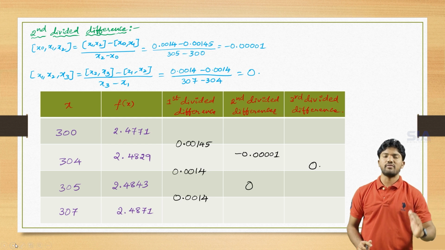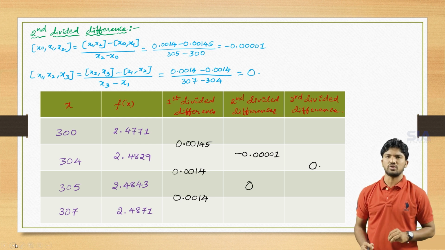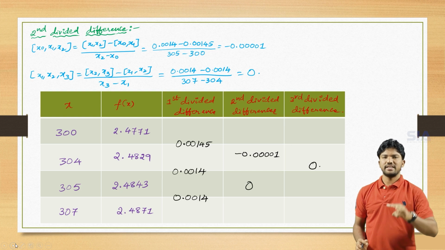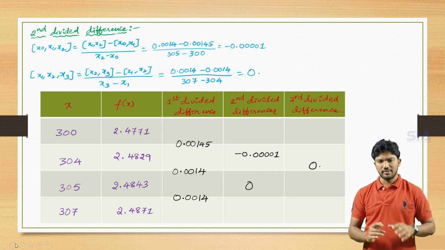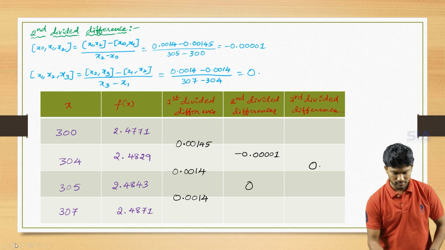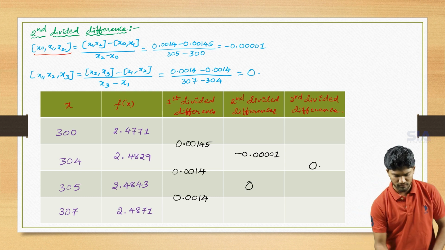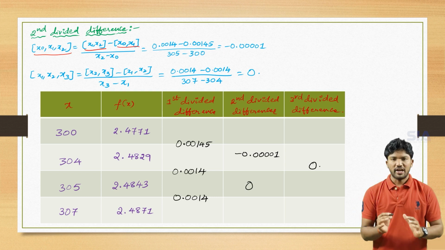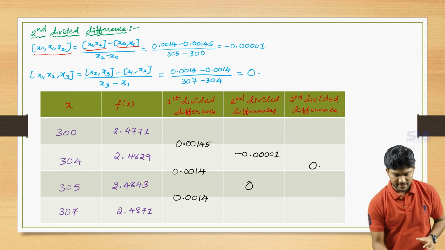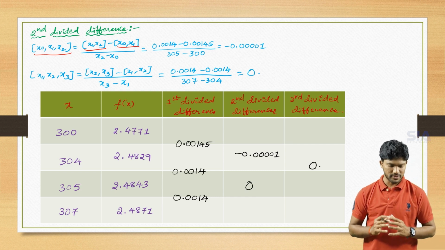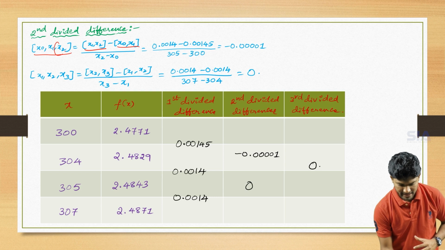I will explain why we have to find only these three values, x0 x1, x1 x2, x2 x3. Next is the second divided difference formula. It is the subtraction of the first divided differences, x1 comma x2 minus x0 comma x1, by x2 minus x0.